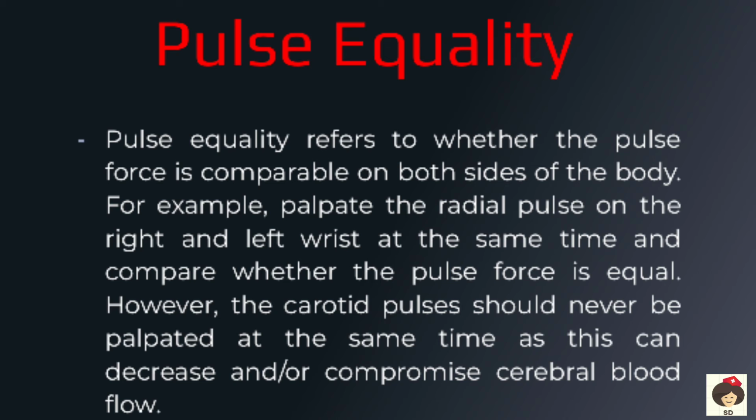Only in case of the carotid artery we must not check simultaneously, because the carotid artery supplies blood flow to the cerebrum. So when we keep the fingers simultaneously, there will be decreased cerebral blood flow, which can affect the functions of the brain. So except the carotid artery, all other arteries we have to palpate simultaneously on both sides to see the equality of the pulse.